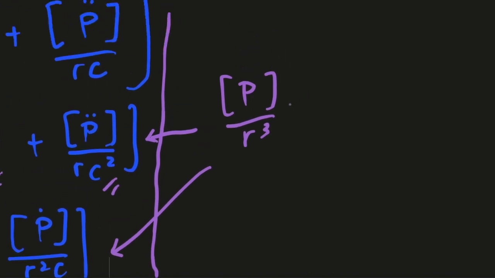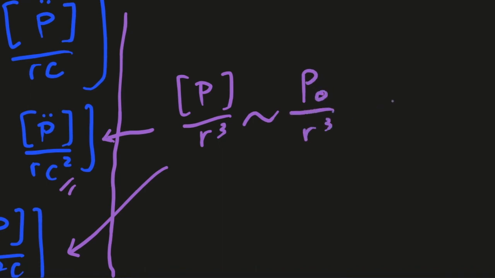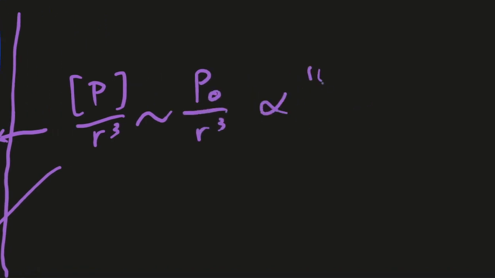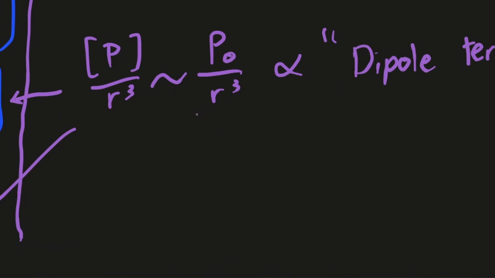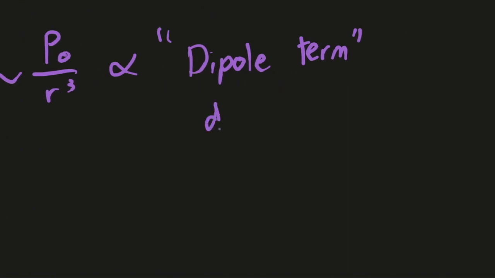It's basically the field we would get if we just had a dipole, so we call this the dipole term. And because it's r cubed, it's going to dominate when r is small, relatively speaking. So when d is much less than r and much less than lambda, then it dominates.